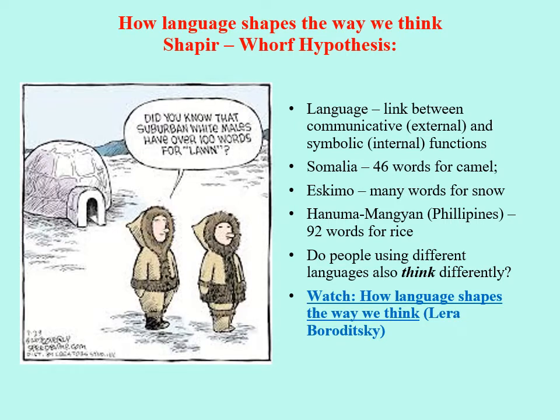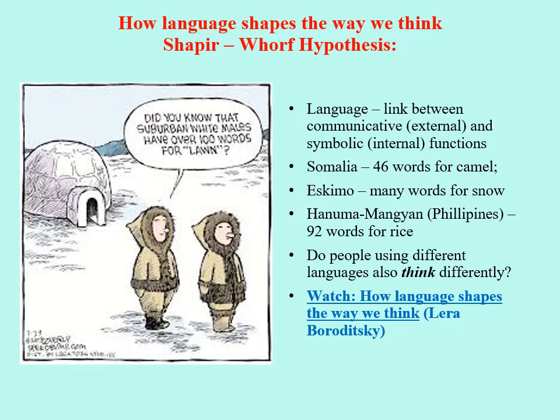There is a link between communication, the language we use on the outside, and thinking, the symbolic use of language for internal information processing. To the extent that different cultures have different linguistic repertoires, use different words, they think about reality in very different ways.